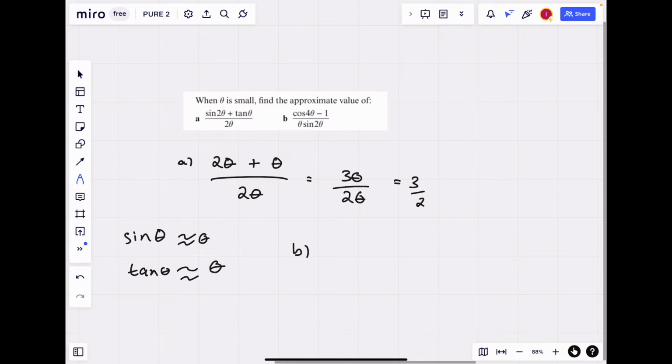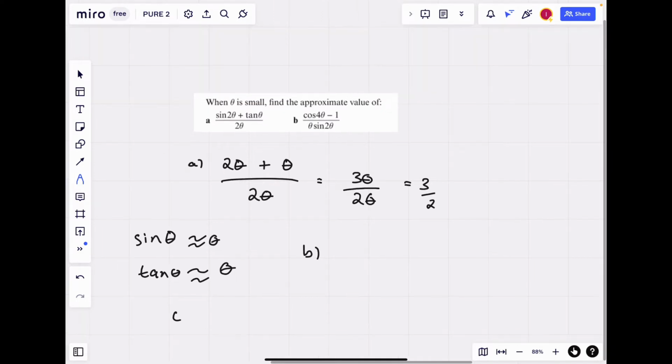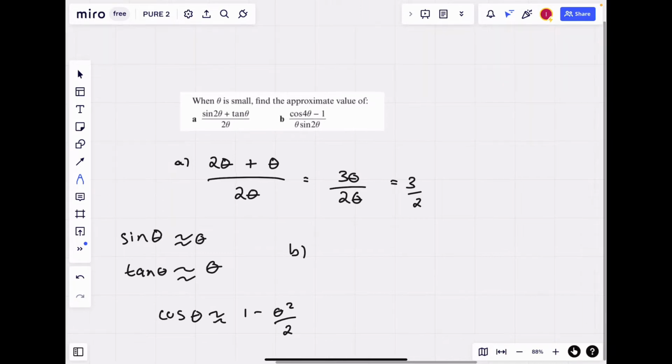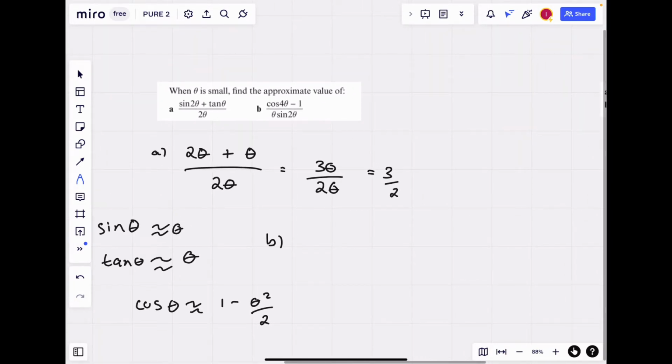So, for cos, it was a little bit more complicated, right? It was 1 minus theta squared all over 2. So instead of cos 4 theta, you're going to have 1 minus 4 theta squared over 2. It's not going to be 4 times the whole thing.